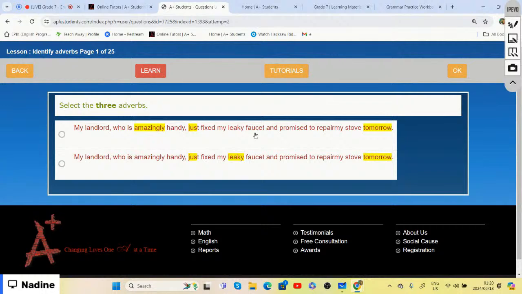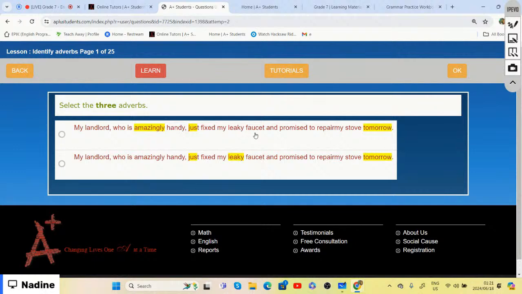All right, it says my landlord, who is amazingly handy, just fixed my leaky faucet and promised to repair my stove tomorrow. So is it option one, which is amazingly, just, and tomorrow?